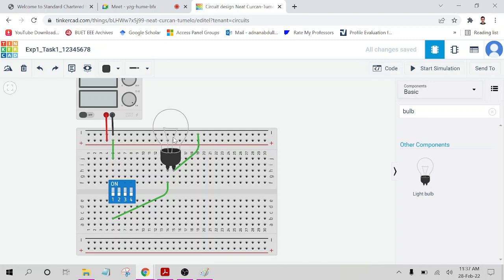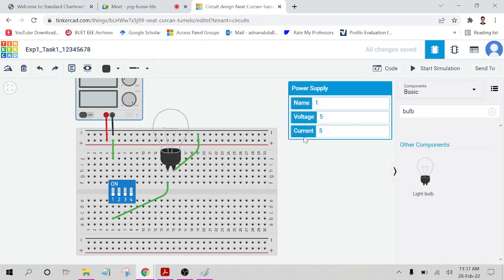Okay, is everyone done with the connection? Yes, sir. Now we need to set the power supply voltage. Please left click on the power supply and set the voltage. It will work on 5 volt, but we just want to set it to 10 volt.